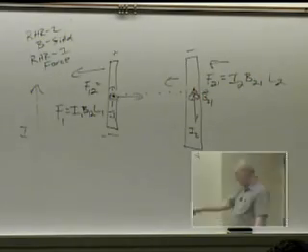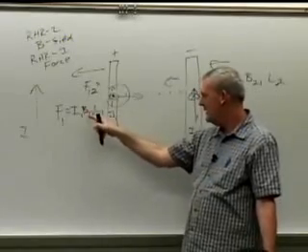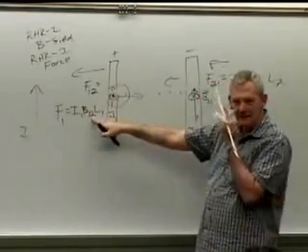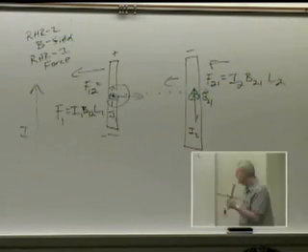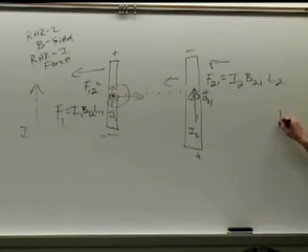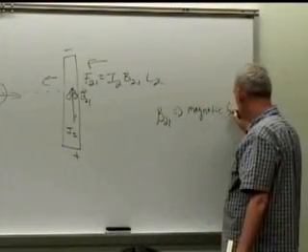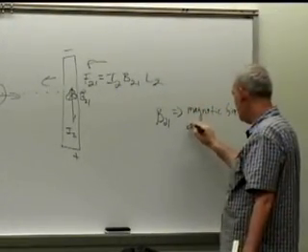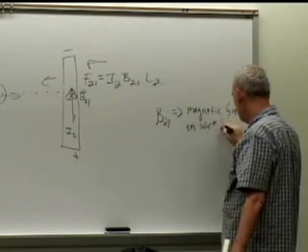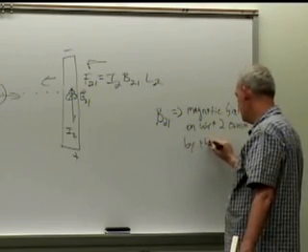The current is the current, but this current is creating this magnetic field. B21 means magnetic field on wire 2 caused by the current in wire 1.